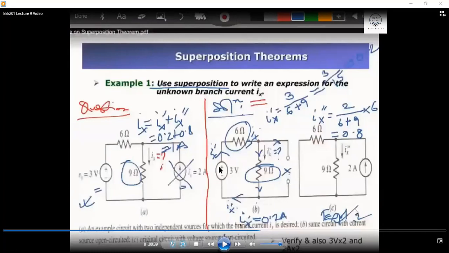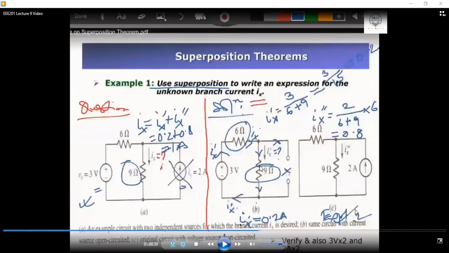All the current is coming through this. This is the only circuit. So 3 divided by 15 equals 0.2, so the current Ix prime here is 0.2 ampere. I think all of you understand it.